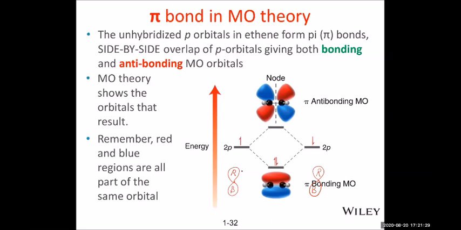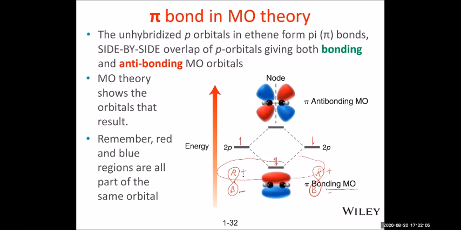If you define the red as positive, then they have the same sign above the nucleus, and underneath both are negative. When you have this sideways overlap, you have reinforced positive above the two black carbon nuclei, and underneath, both are blue. So this is constructive interference. You have a lower energy bonding orbital. Bonding MO is low energy.